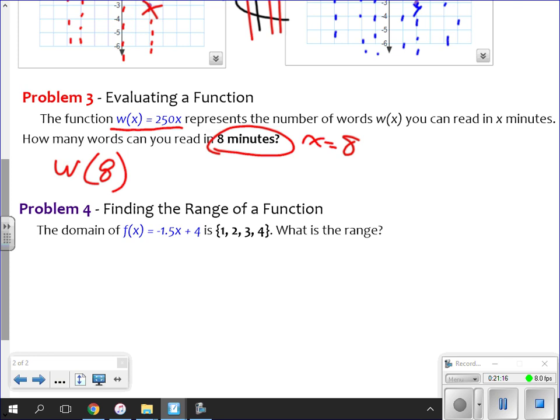W of 8 is equal to, I took this X here and replaced it with what? 8. That's how you evaluate a function. Whatever you put here, you put there. 250 times 8.